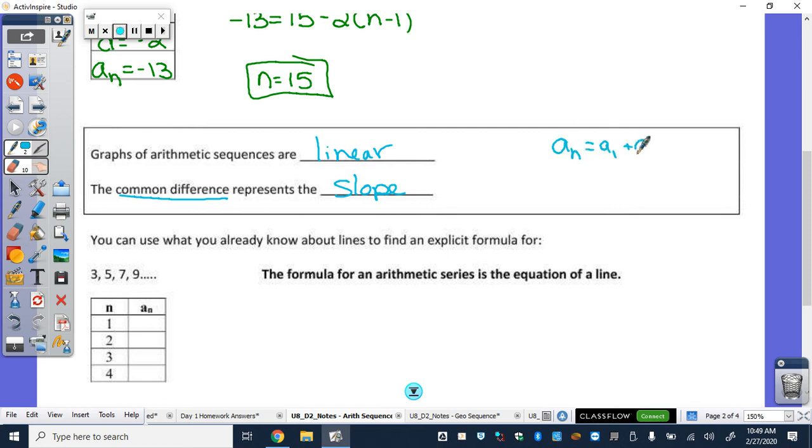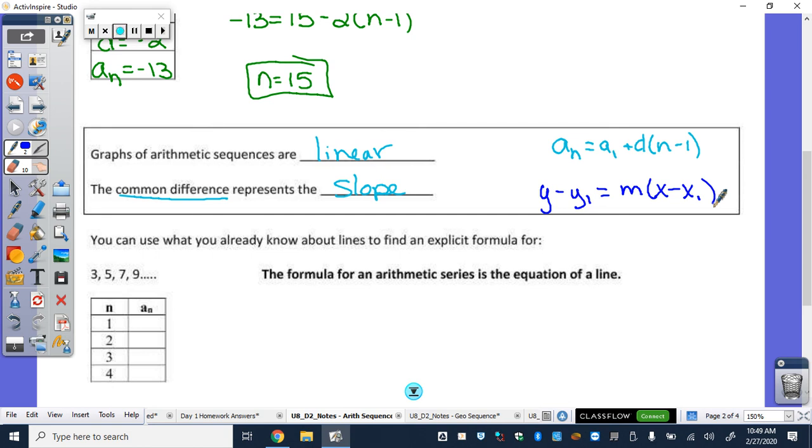So if we take a look at our formula that we just went over there, our a sub n equals a sub 1 plus b times n minus 1. Do you guys remember this formula? I believe you did it last year in geometry.